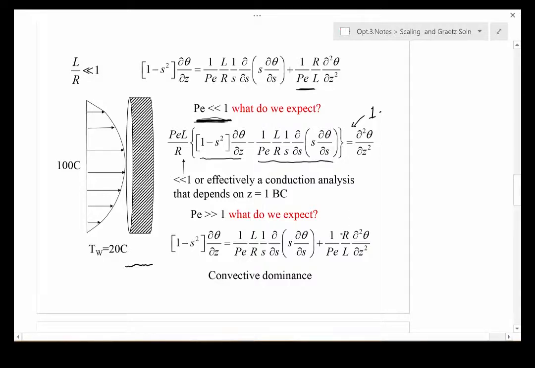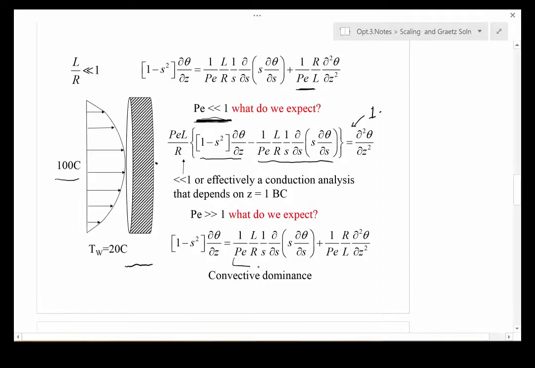What do we expect as far as the Peclet number large for this problem? If you think about it, if you came into a shallow pipe, or a pipe of relatively small length, you expect that if the temperature initially coming in is 100 degrees C, it's pretty much 100 degrees C going out, even if the temperature at the wall is 20 degrees C. So what it says is that almost all the other terms are relatively unimportant.